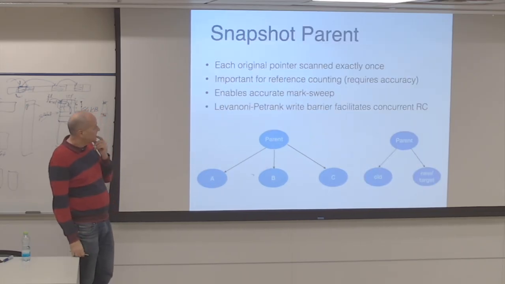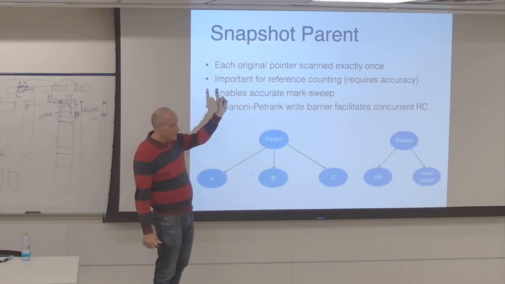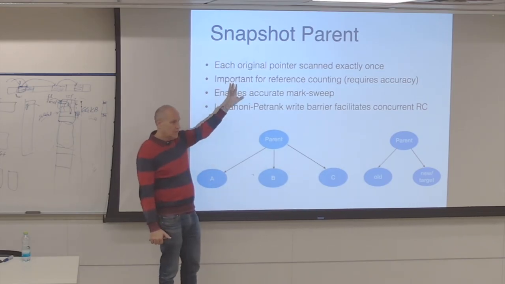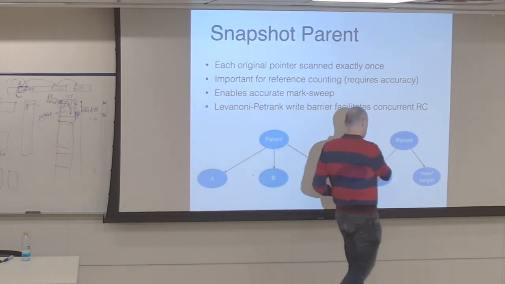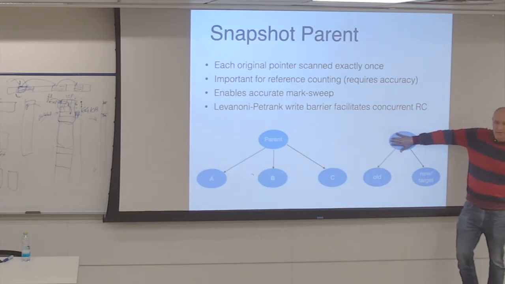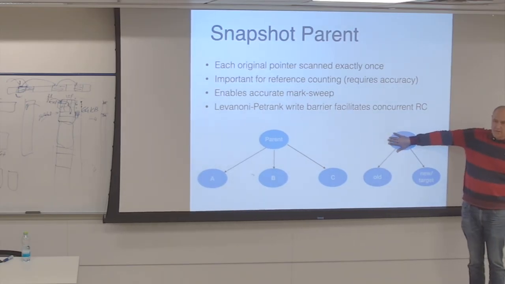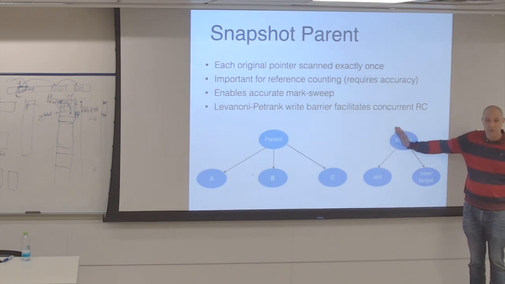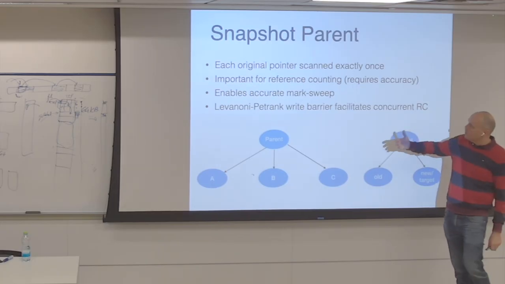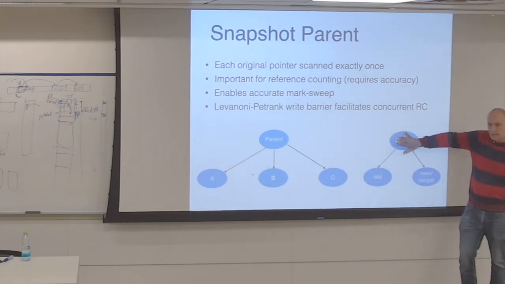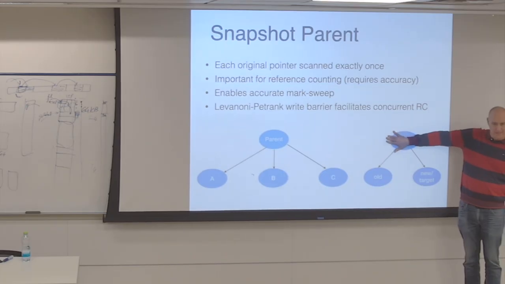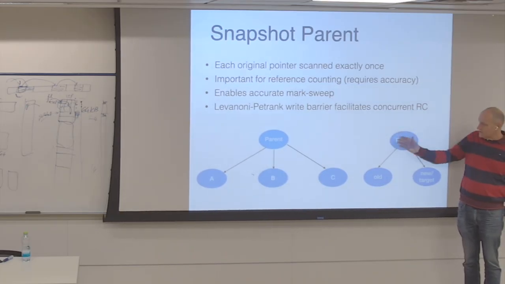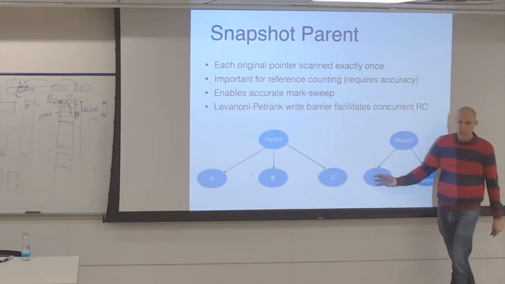Then we had things like, in reference counting and also in mark sweep, a barrier that said, when I change this pointer, I remember how the parent looked before the change. So we had this Levanoni write barrier that says you just keep the original value and you trace from that. And that gives you a snapshot. In the beginning, you start this write barrier, and then anything that changes, you're going to traverse the old way it was.